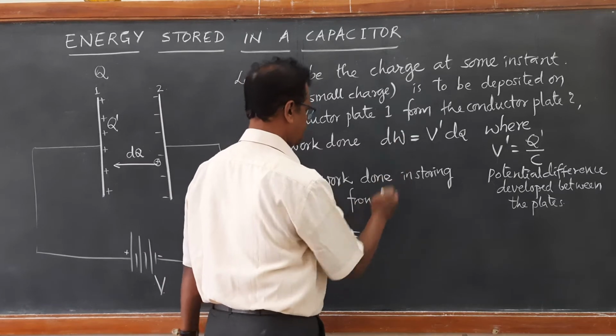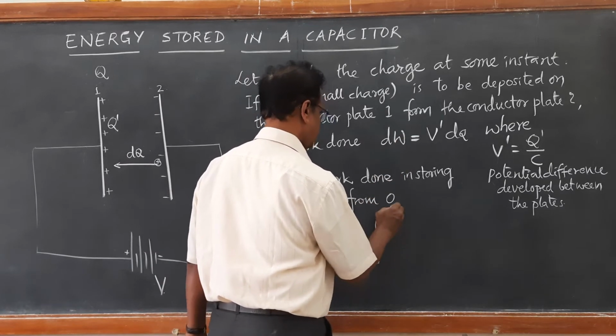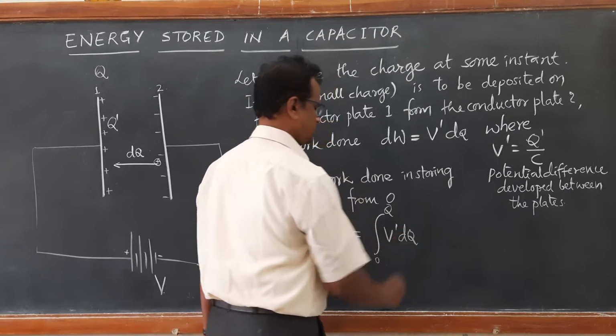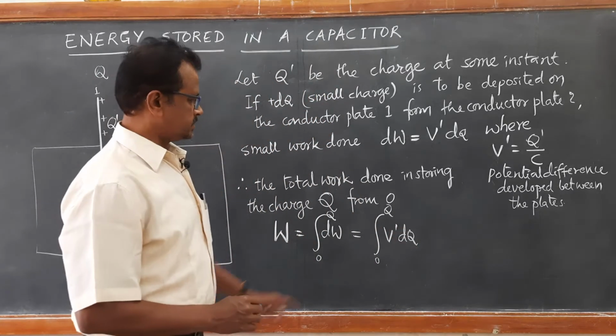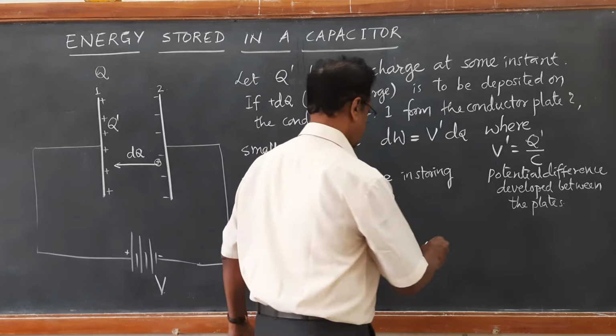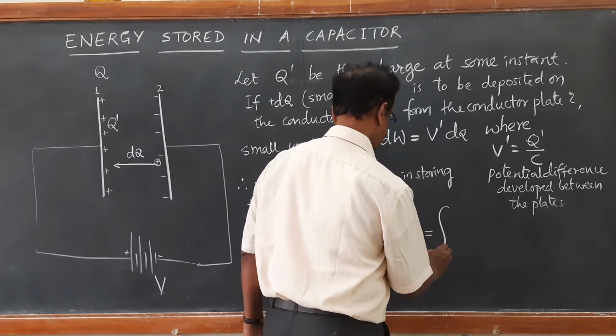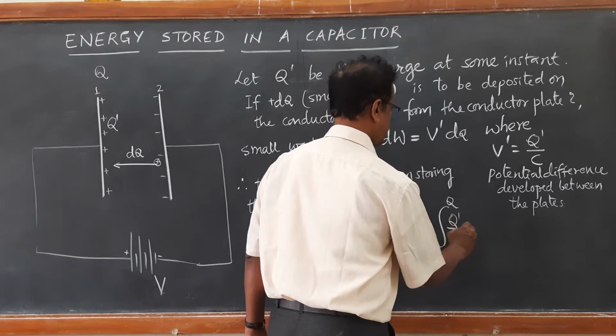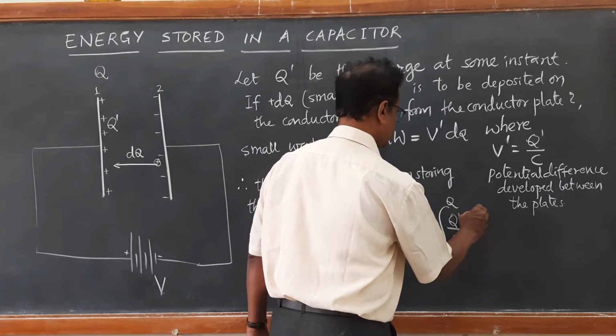So dW, just substitute, 0 to q v dash dq. Just substitute what is v dash. We get integration from 0 to q, q dash by c into dq.